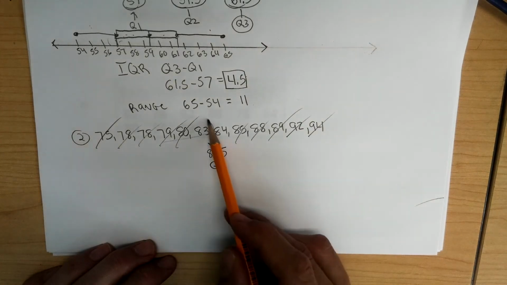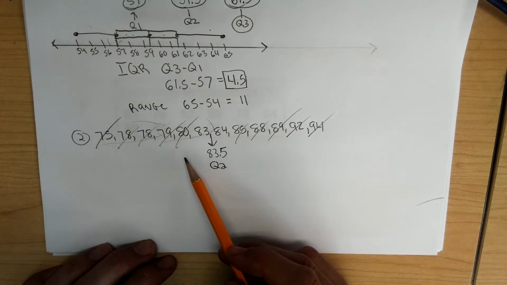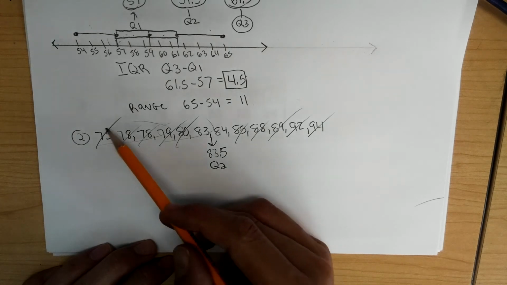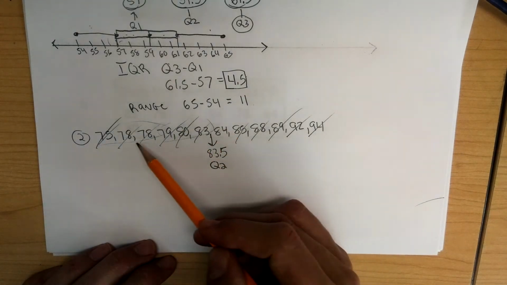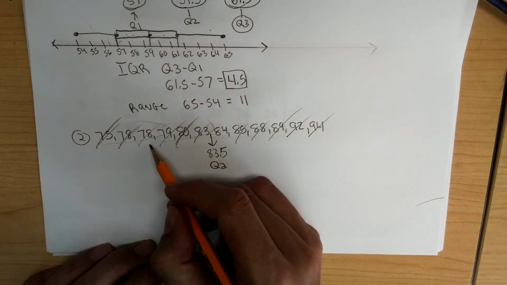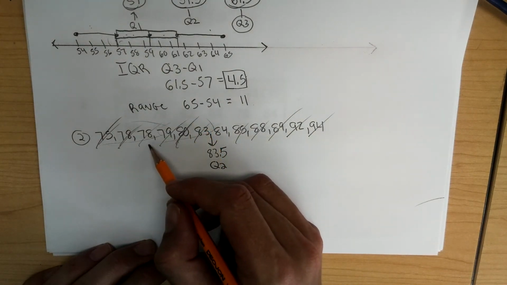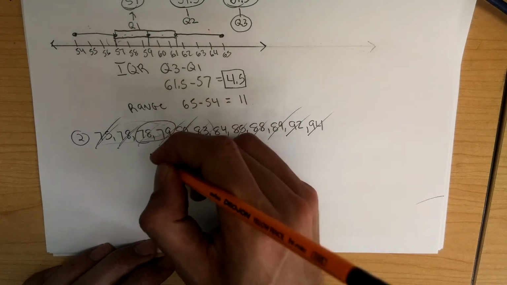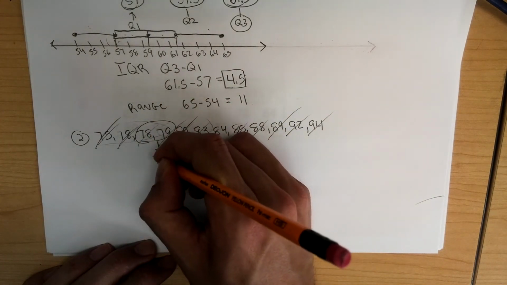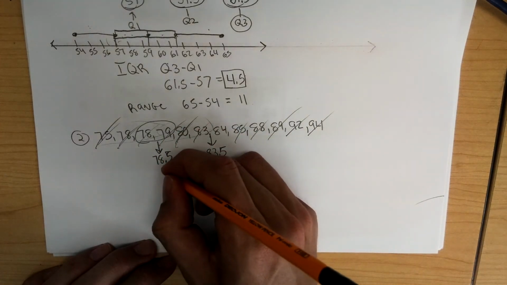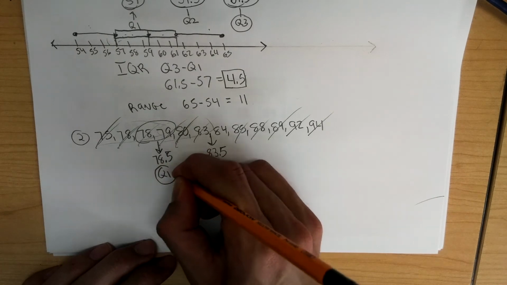I've got 6 numbers here, so it's going to be one of those in-betweeners again. I'm left with 75 and 78, so in between is 78.5. That's my Q1.